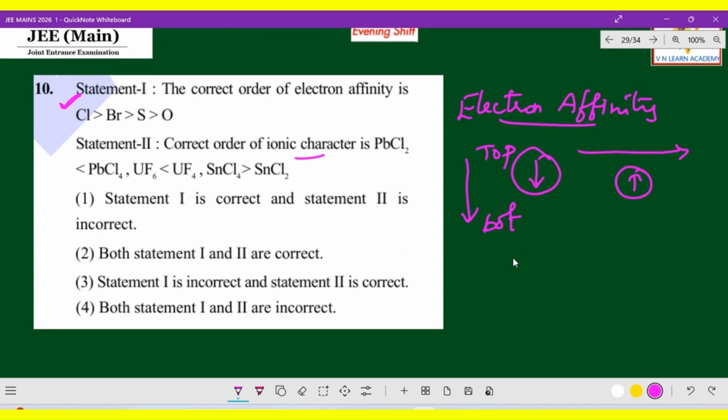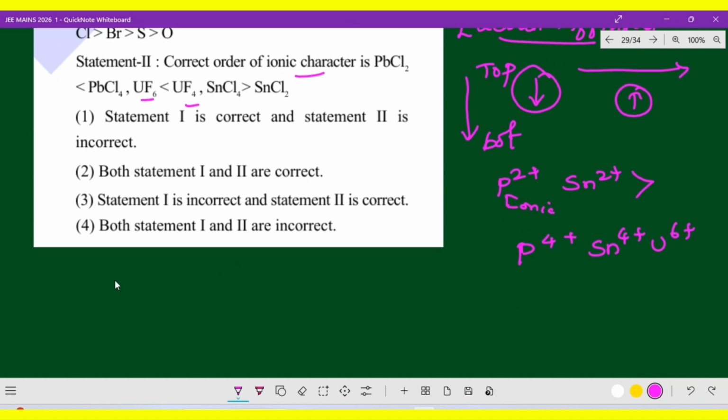PbCl2 is Pb2+ and Sn2+, which is more ionic than Pb4+ and Sn4+ and U6+. So lower oxidation state will be more ionic than higher oxidation state.